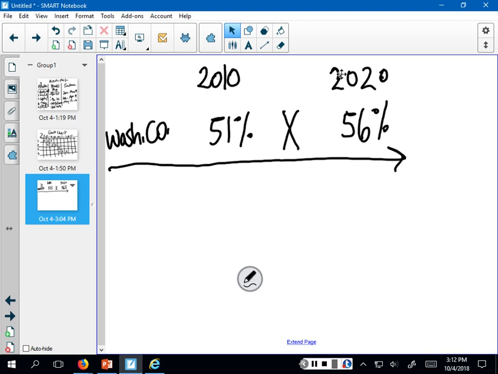X represents the intervention, what we did in Washington County to increase intended pregnancies. This is our first observation point, which is our baseline data. This is our second observation point, which is our final data. Washington County is the experimental group where we implemented the intervention.